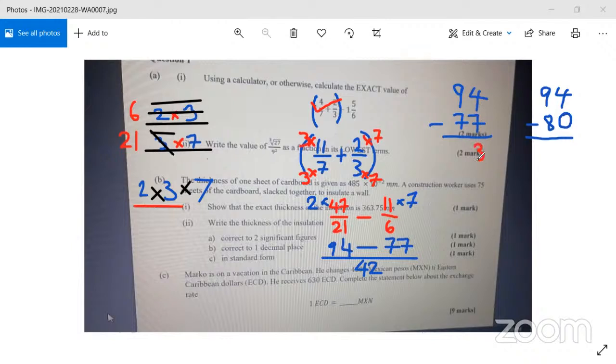I will have to add 3 to 77 to get 80. Then I will subtract 80 from 94, leaving me with 14. And we will add the 3. Therefore, 17 plus 77 will give us 94. So finally, our answer is going to be 17 over 42.